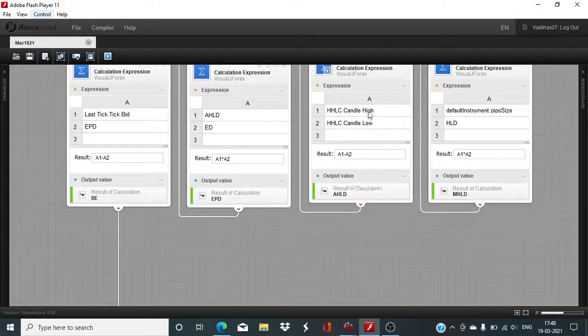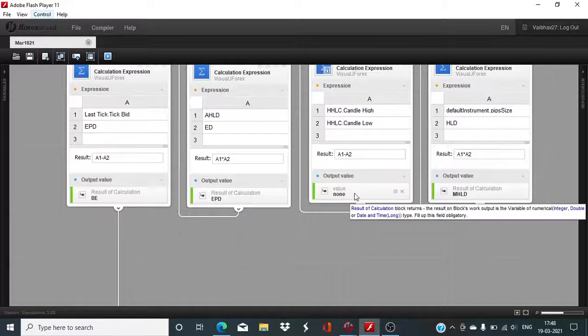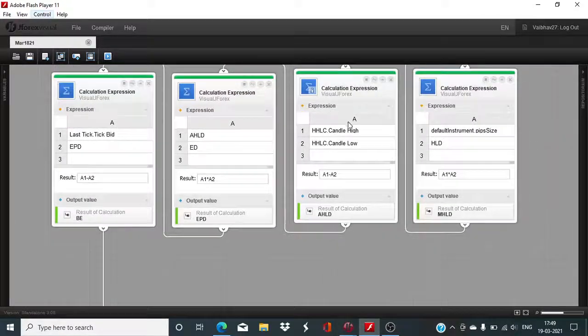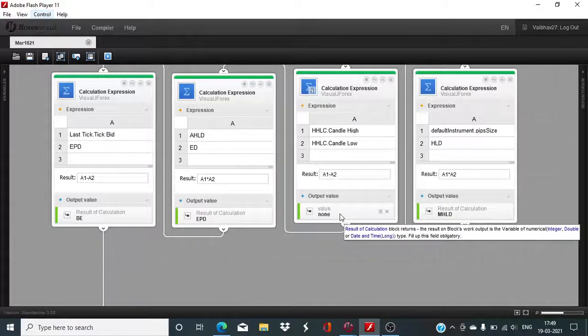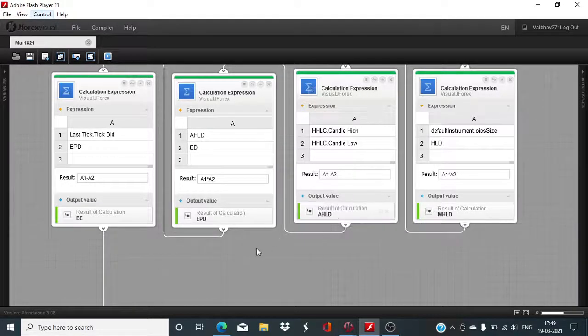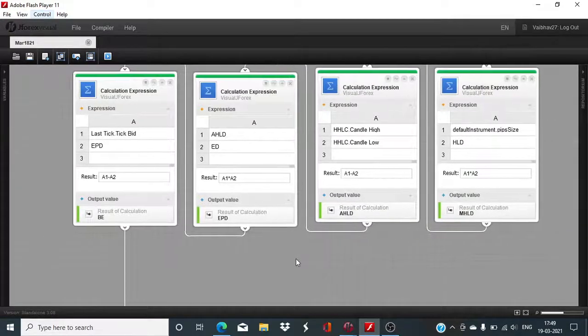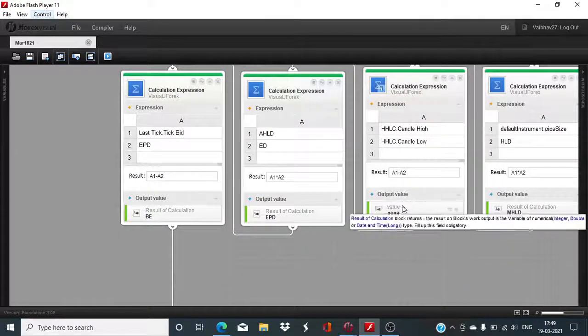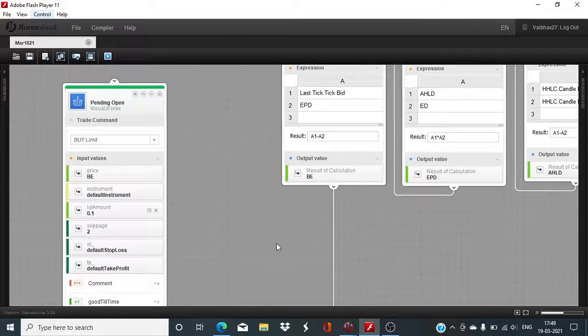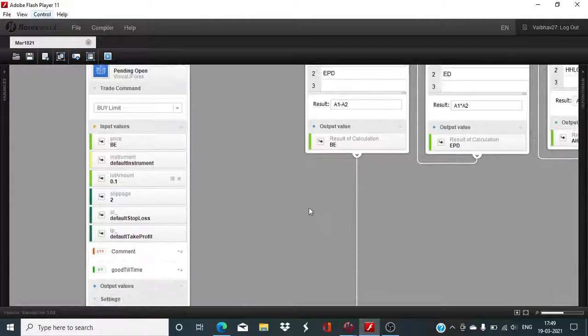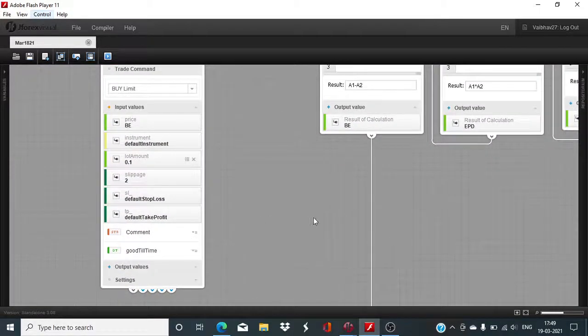For that we will keep this variable which we had derived using this high low difference as our reference point, and we will take a certain proportion of it as a take profit and stop loss. So we will make proportionate stop loss and take profit using this value, but that we will not do right now. We will do it in the later session.